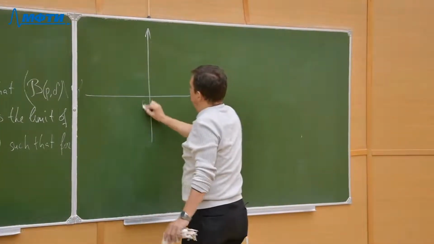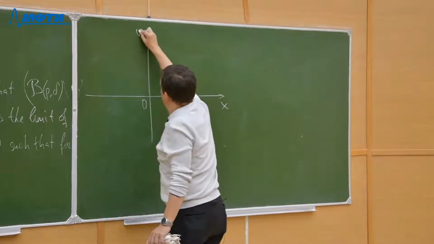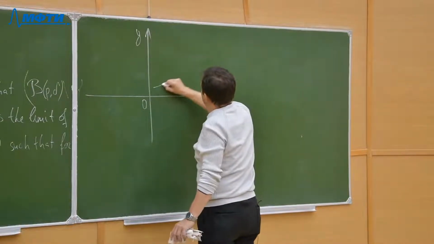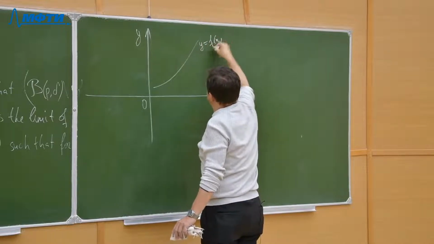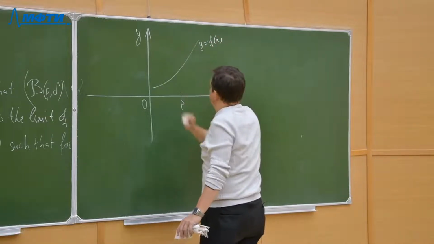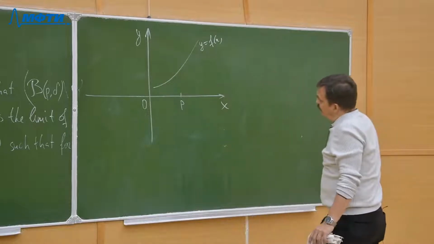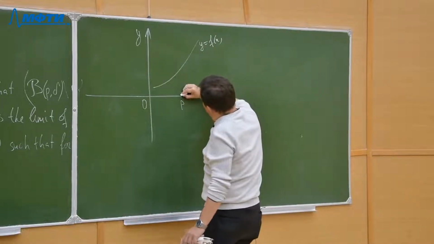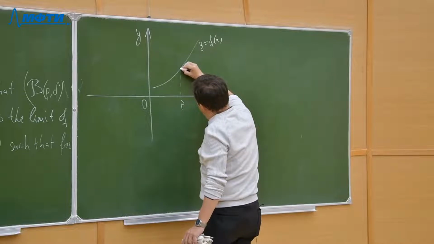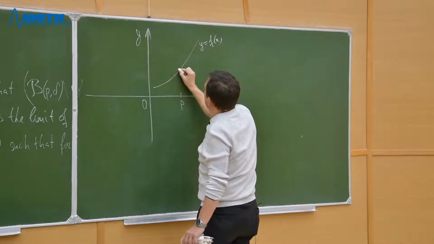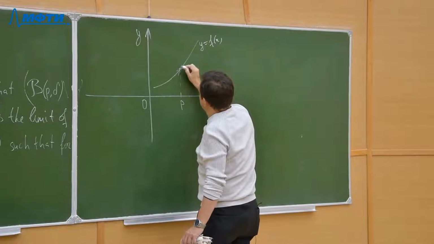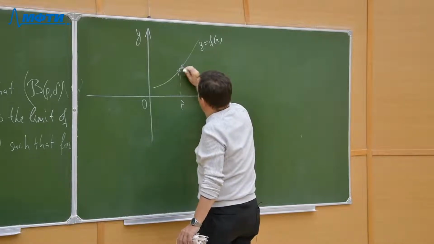So we have a graph of a function y equals f of x. We have a point P. In fact, we don't care about the value of our function at the point P. So it might happen that the graph has a break just at the point, right?